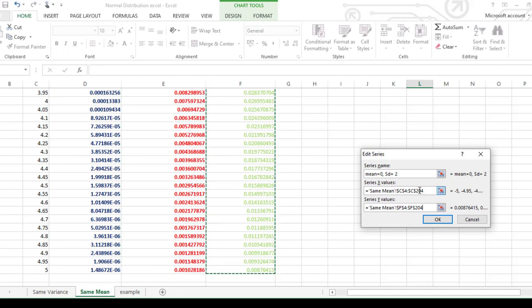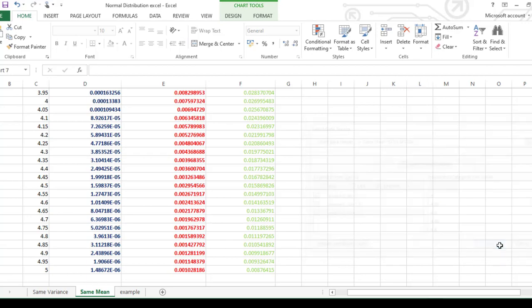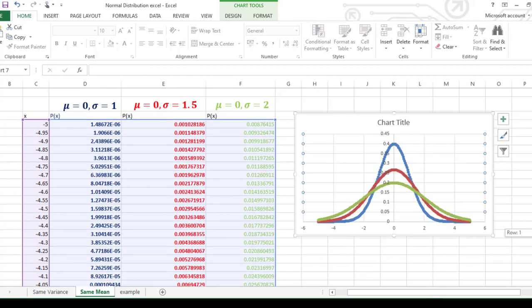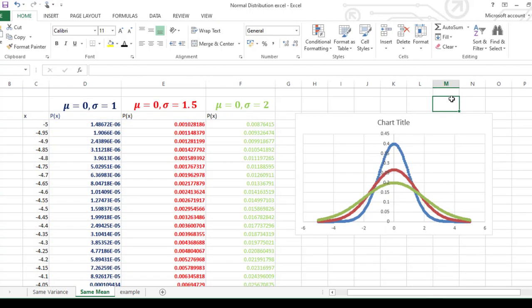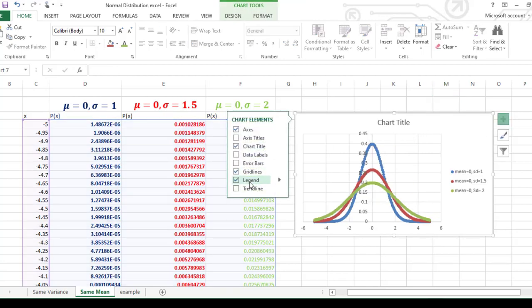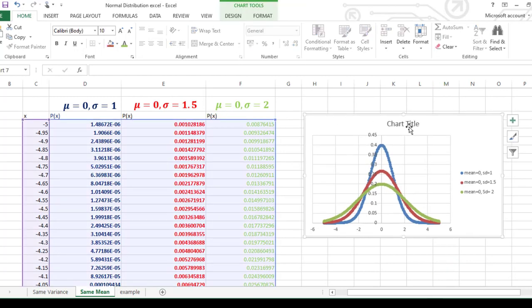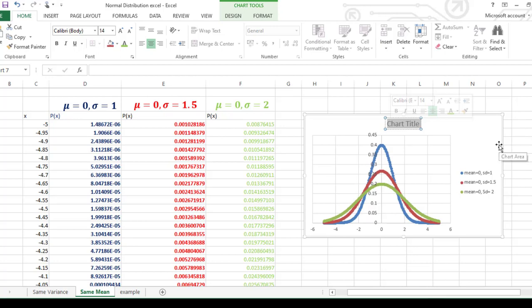Here I am keeping the x value the same since we don't want to extend the curve, but if we want to extend the curve, then definitely we can increase our value of x. Let me rename the chart title.